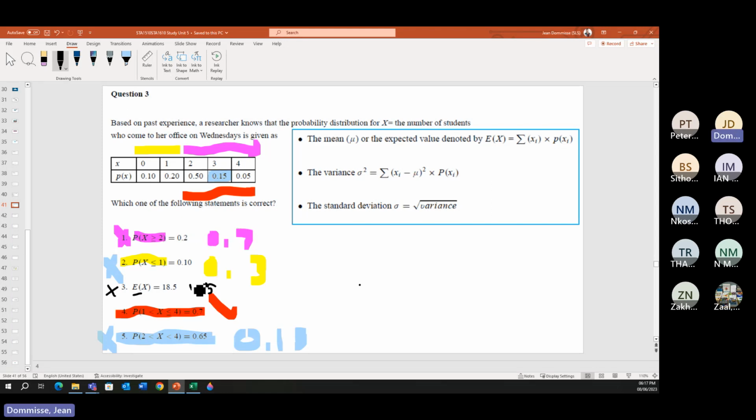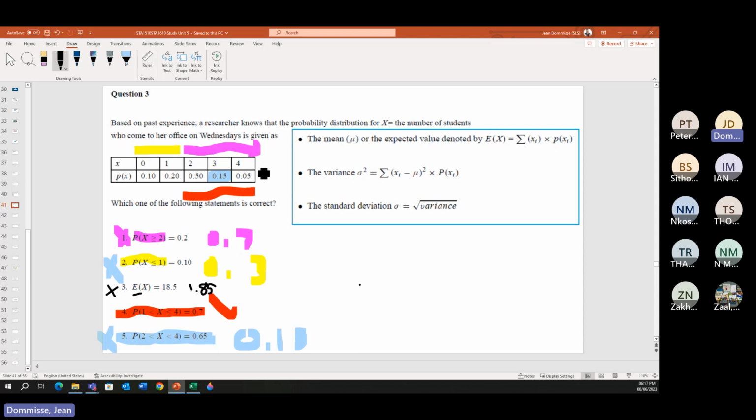Okay, so in here, what we looked at is the expected value that we calculated, but also we looked at different ways of working out what the probabilities are from the table. And this is also definitely something that you will get in your assignment, a set of questions that they will ask around the probabilities, where you need to pick which one is correct, which one is incorrect, which one doesn't fit.